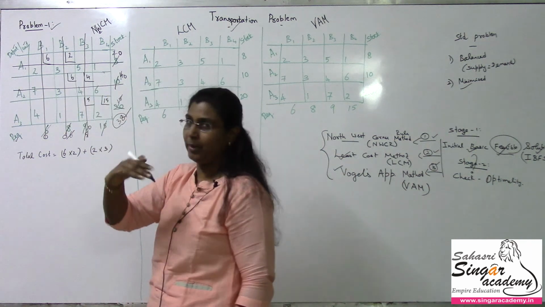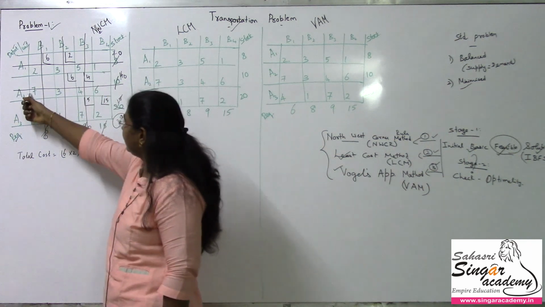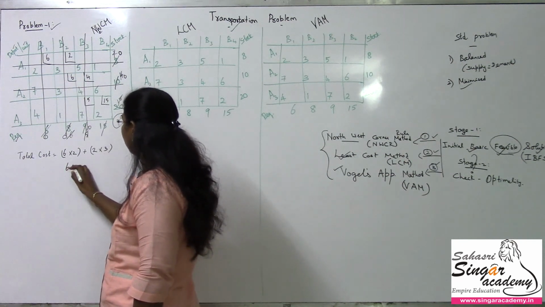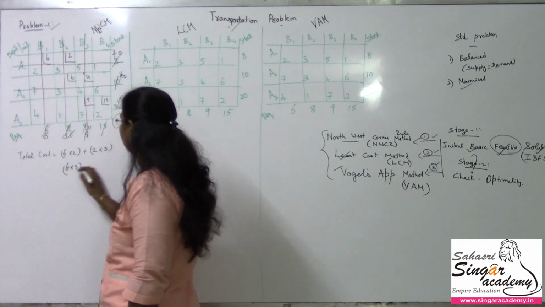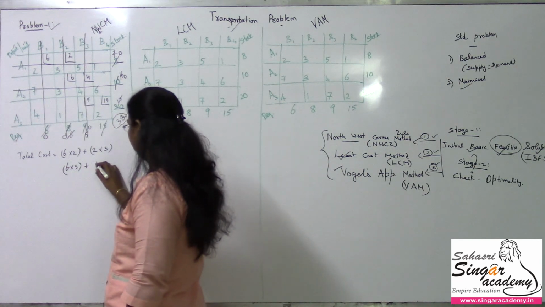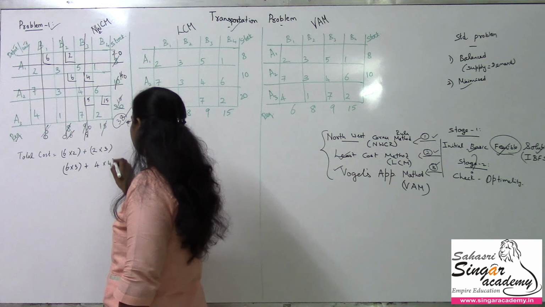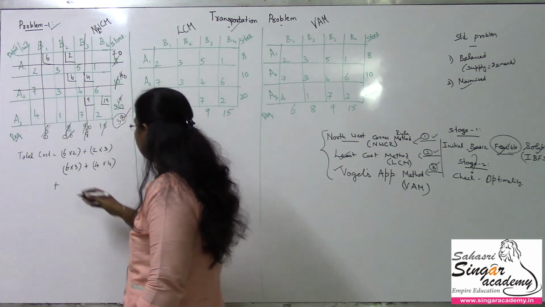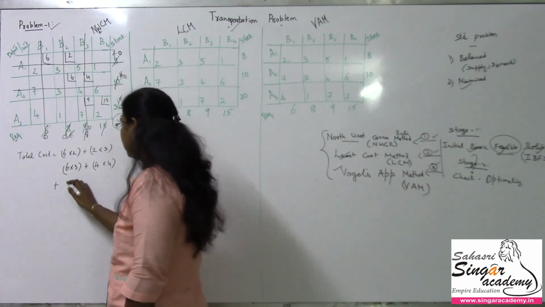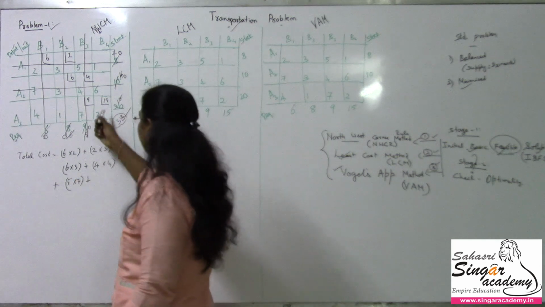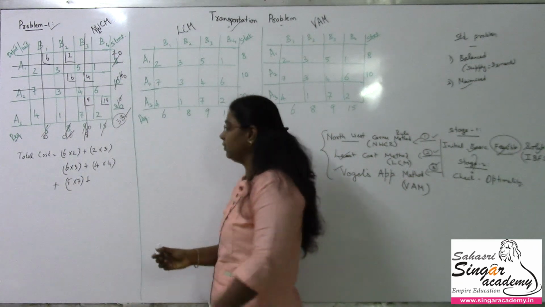I'm just going depot by depot, right? Second, A2, 3 rupees and 6 units, so 6 units, 3 rupees, right? Plus here 4 rupees and 4 units, so 4 into 4, right? Plus next one with respect to A3, 7 rupees and 5 units. So 5 into 7 plus, and the last one, 2 rupees and 15 units.